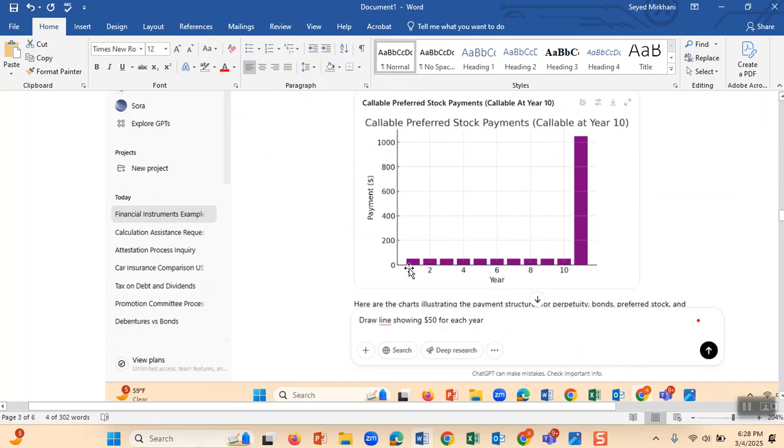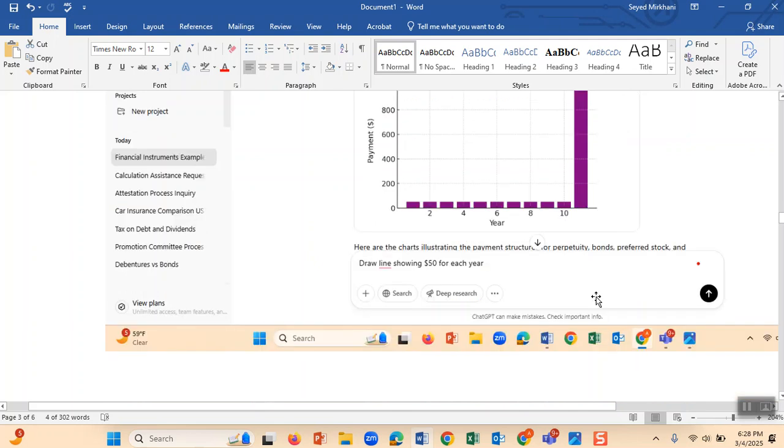Look at here. That is a preferred stock, but because after 10 years they are going to call you back and give you your money back, it becomes more like a bond. As long as it is not callable, that means they don't have the right to give your money back, it has a feature of perpetuity. The only difference is that you can sell.